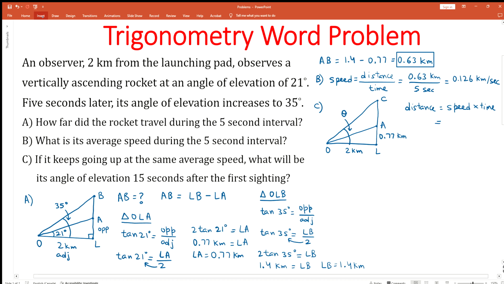The average speed of the rocket is 0.126 kilometers per second, and the time is 15 seconds. 0.126 times 15 is equal to 1.89, and the unit is kilometers. This is the distance from point A to point C.